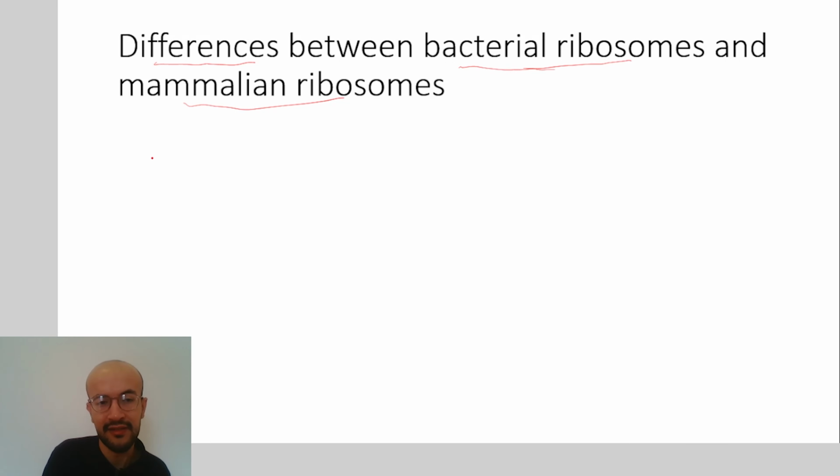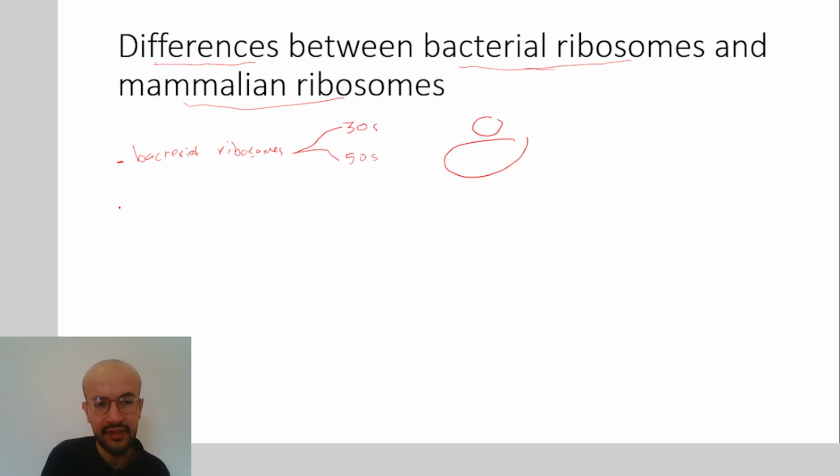And in case of the bacterial ribosomes, we have two types of subunits. So bacterial ribosomes, we have the 30S ribosomal subunit and the 50S ribosomal subunits, and they are like that.